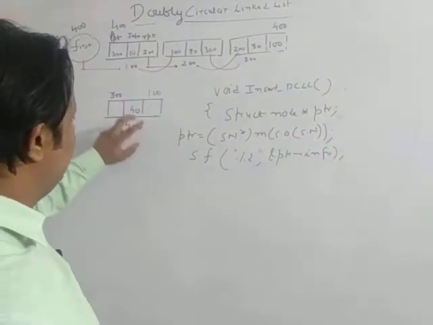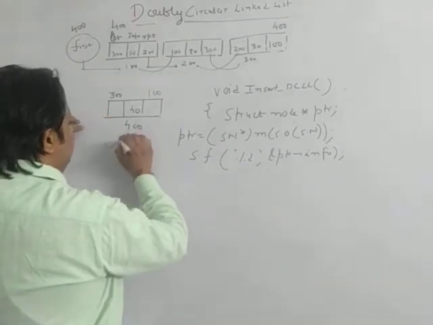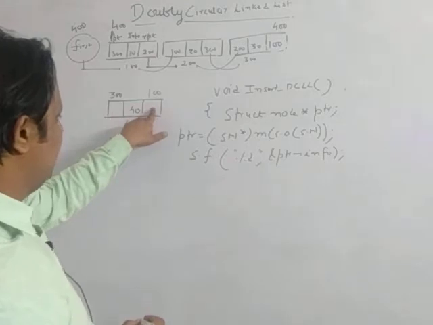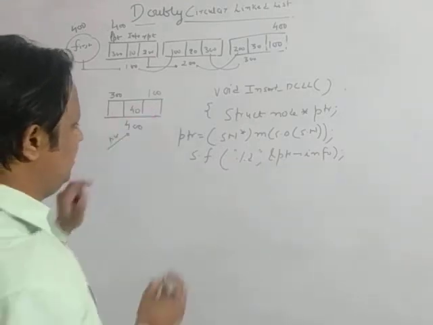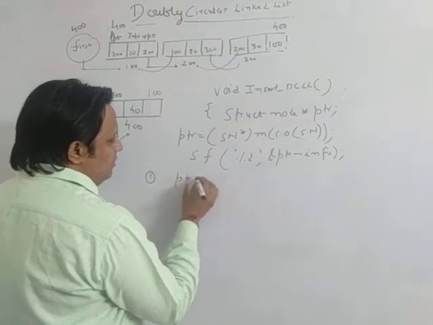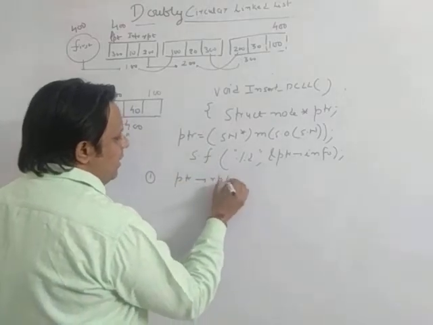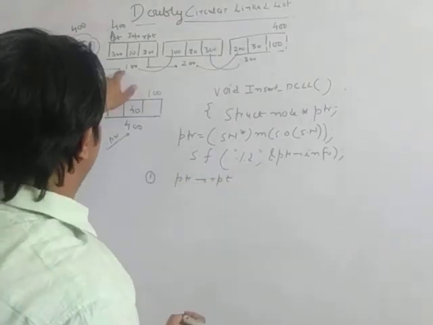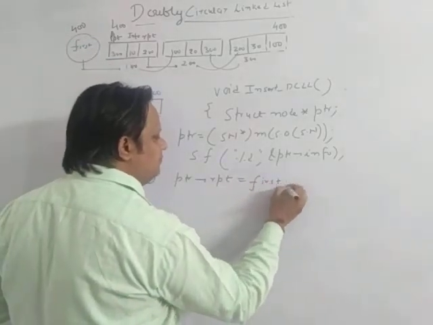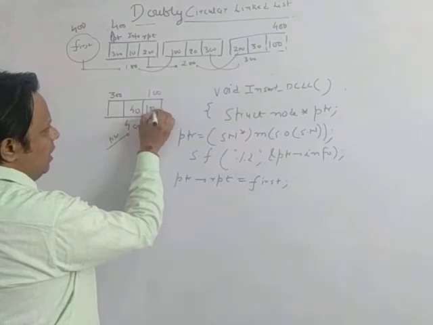I already told you that you require to fill the blocks which are empty initially. And first I want 100 here, right? This is the RPT of your ptr. So I will write ptr arrow RPT. I want 100, and 100 is nothing but your first. So I will write first. So here comes your 100.